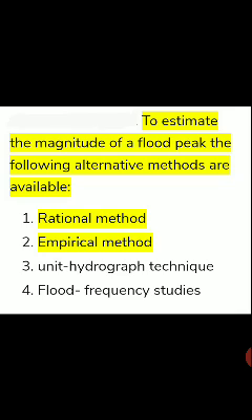The runoff rate in cubic meter per second corresponding to this condition is given as Q is equal to 2.778 CIA, where A is the area of the catchment in square kilometer, I is the intensity of rainfall in centimeter per hour, and C is a runoff coefficient to account for the abstractions from the rainfall.